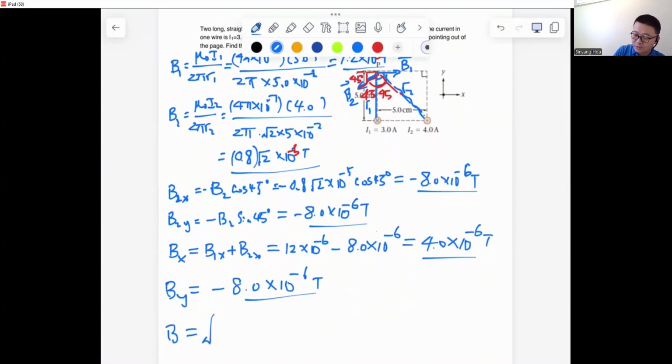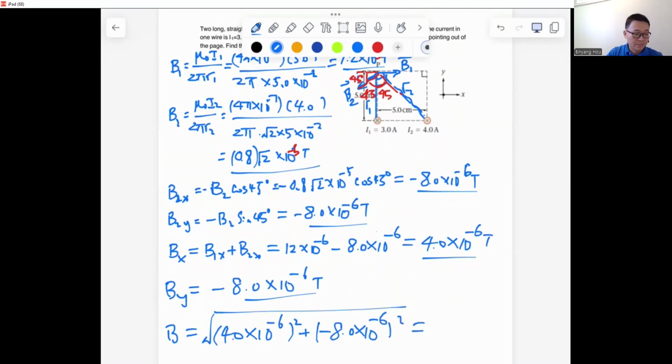So square root of 4.0 times 10 to the minus 6 squared plus minus 8.0 times 10 to the minus 6 squared. Square root that together. So at the end you'll get 8.9 times 10 to the minus 6 Tesla for the total magnetic field.